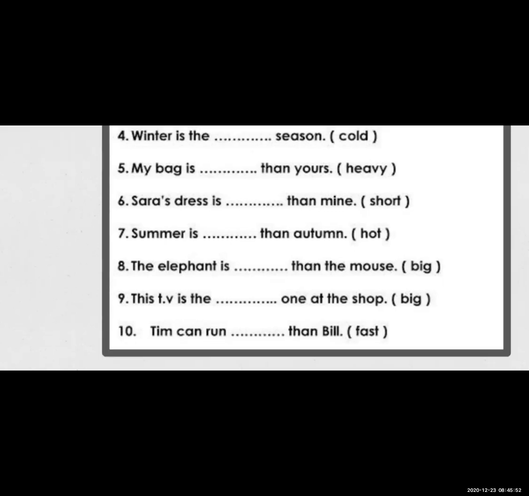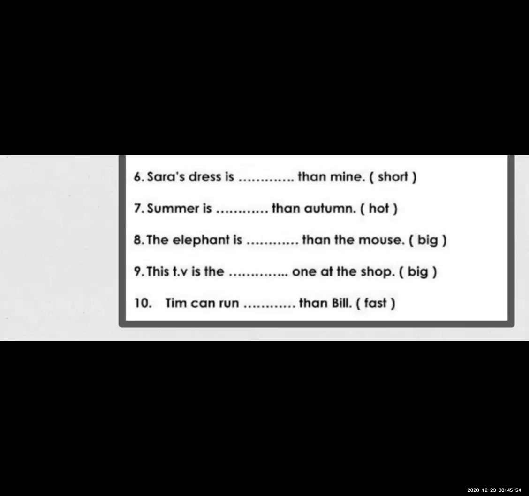Okay, so these were all the examples of degrees, and how to use them. This was a small trick: if in the sentence you locate "than", then you have to use "er", and if there is "the", you have to use "est".